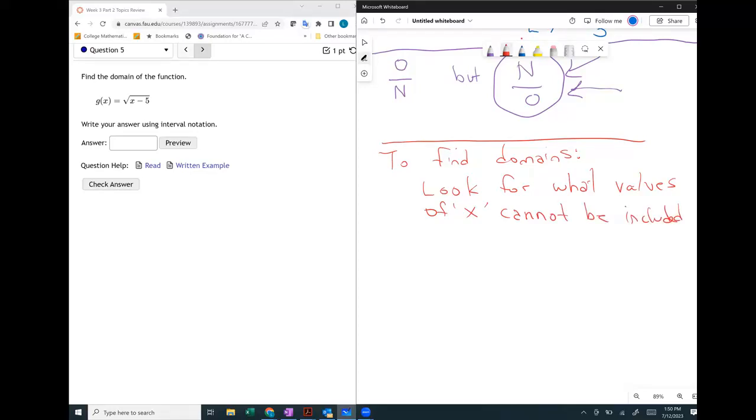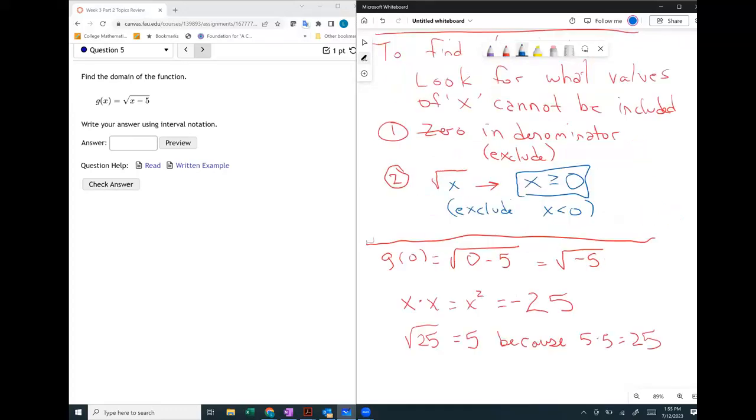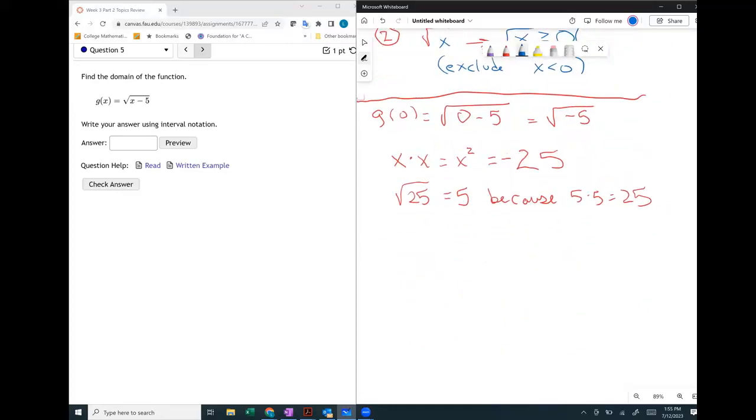So one thing we know is 0 in the denominator has to be excluded. Well, for this function, I have to really say x minus 5 has to be greater than or equal to 0, doesn't it? I just want to explain why I'm doing what I'm doing.